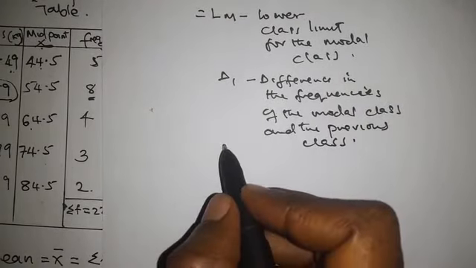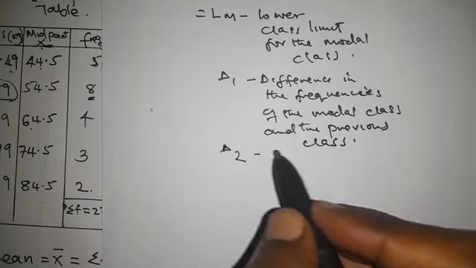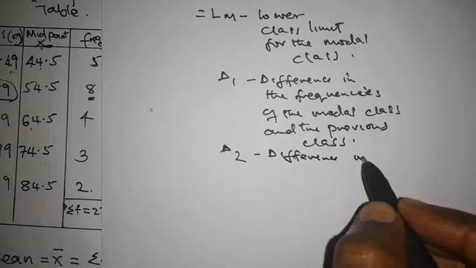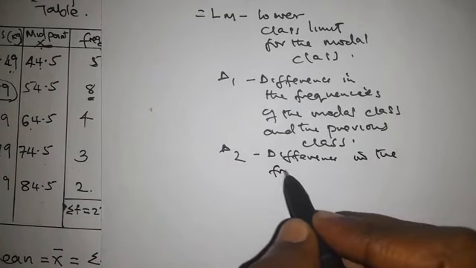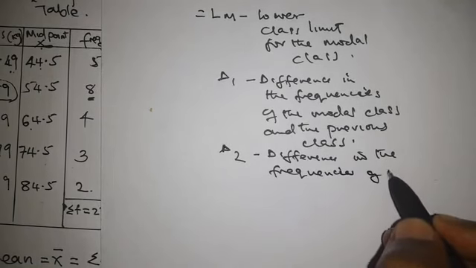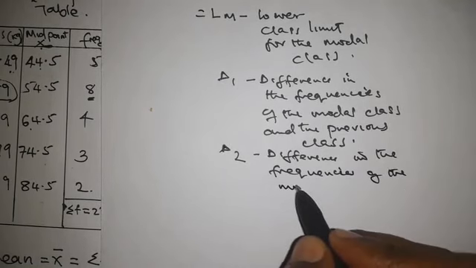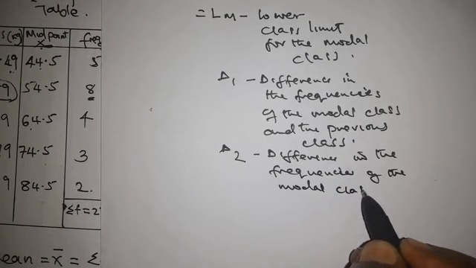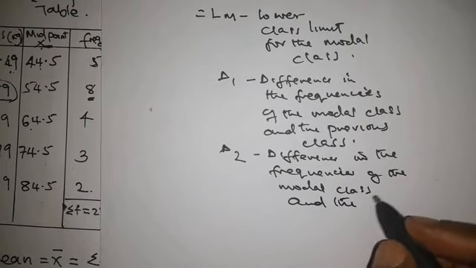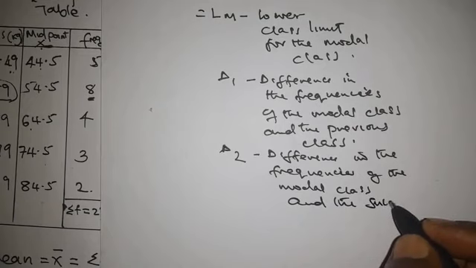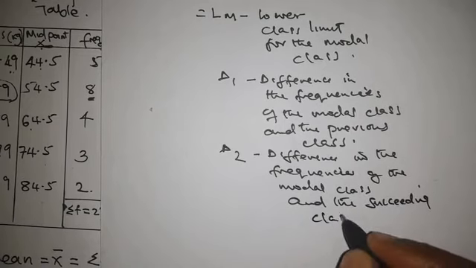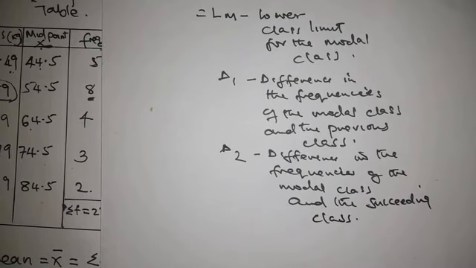And then D2 is the difference in the frequencies of the modal class and the succeeding class, the class after the modal class.